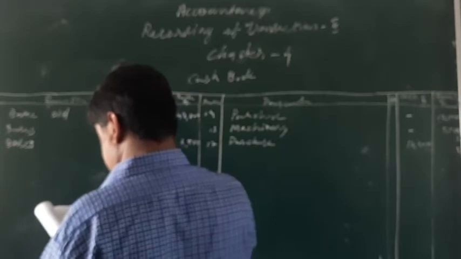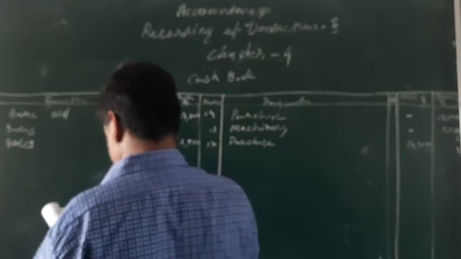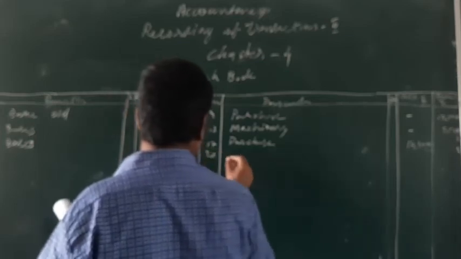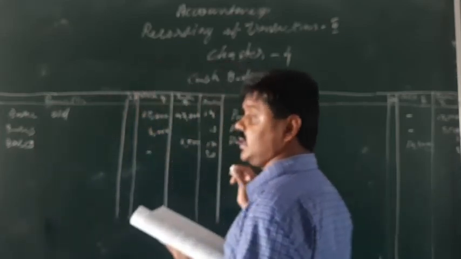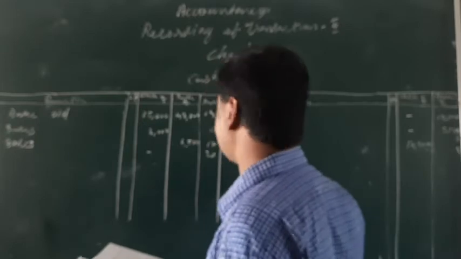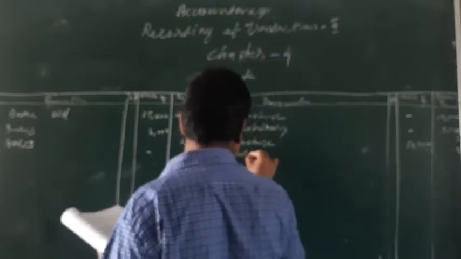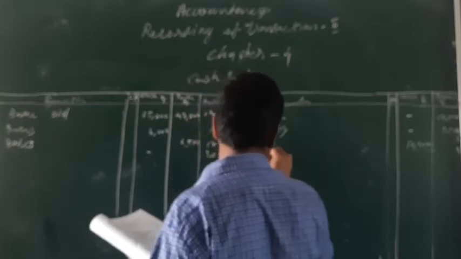Next, purchase stationery by check. This is on 20th. Here also purchase is there, but we write only stationery. Why?